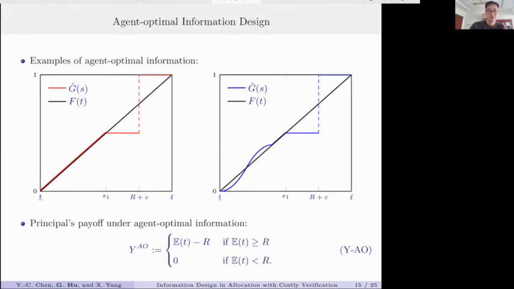And we can calculate the principal's payoff on the agent optimal information, using the right information, G hat. Here is the principal's payoff.